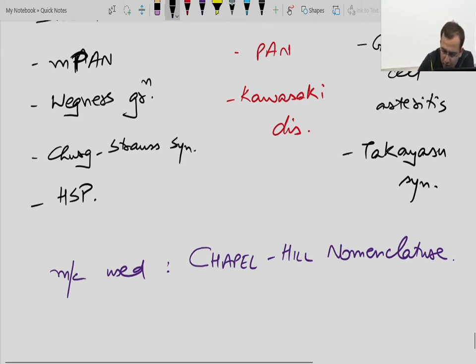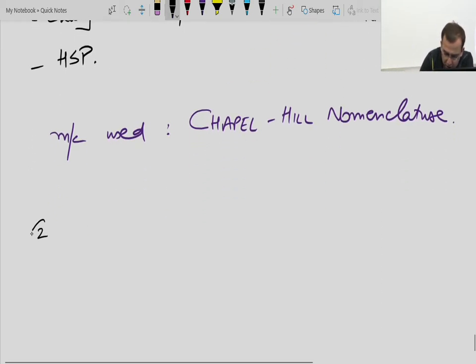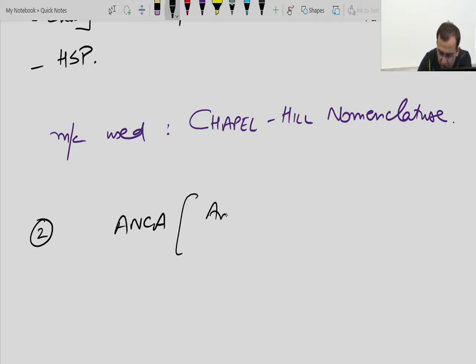The next way to classify vasculitis is on ANCA. ANCA stands for anti-neutrophil cytoplasmic antibody.